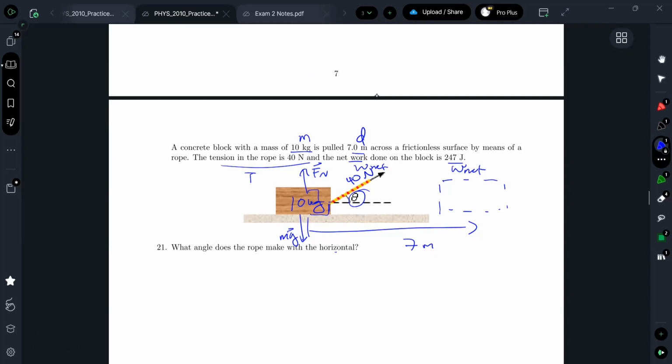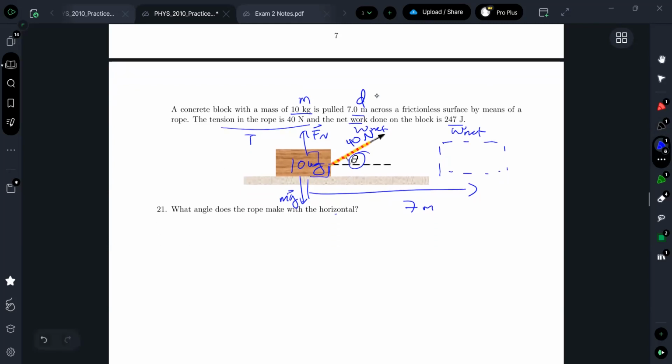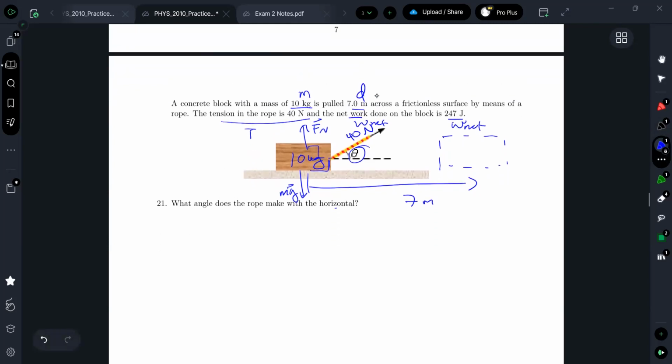So is weight. So each of those is going to do zero work over this displacement. Tension is the only thing that does work. And so I can take that W net and use it for the work being done here.